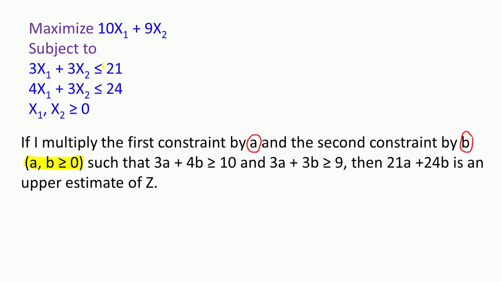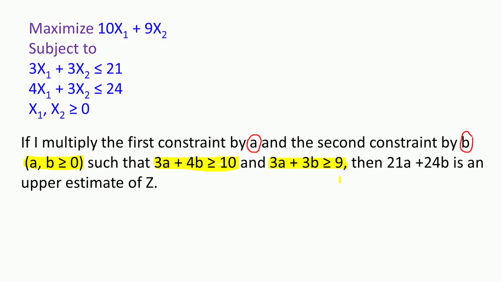So when I multiply the first constraint by A and the second constraint by B, the new constraint for x1 will have 3A plus 4B. Now A and B have to be such that 3A plus 4B is greater than or equal to 10, and they also have to be such that 3A plus 3B is greater than or equal to 9.